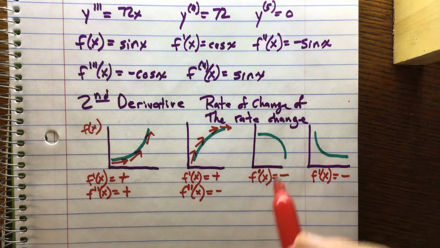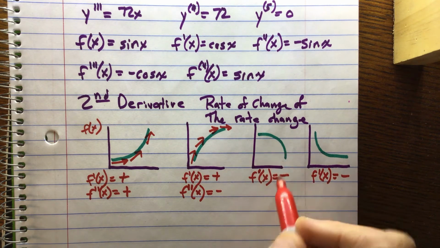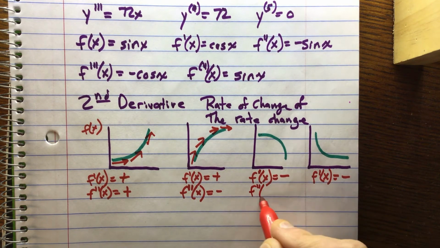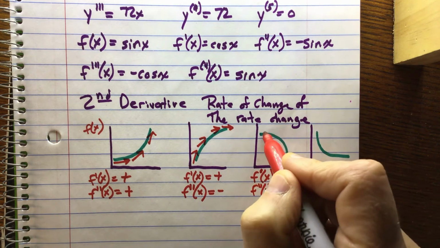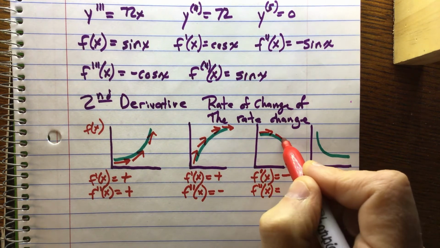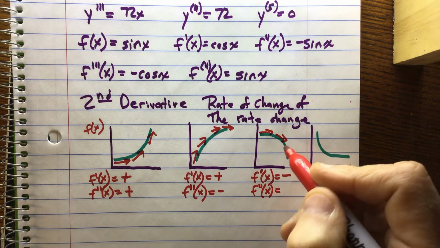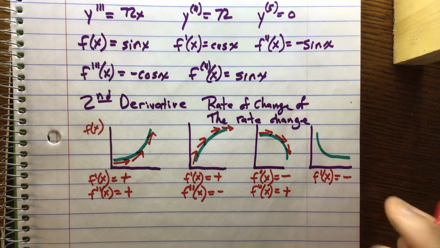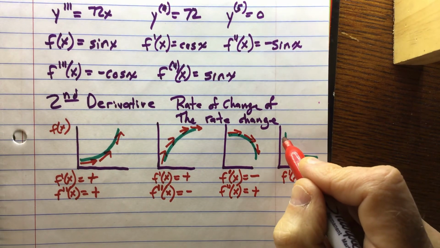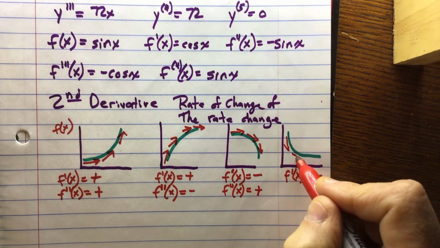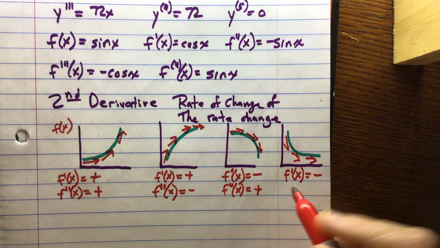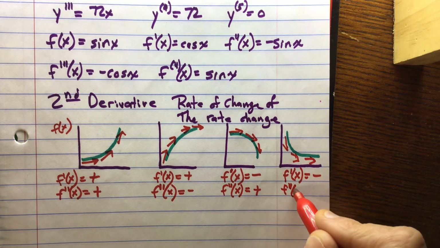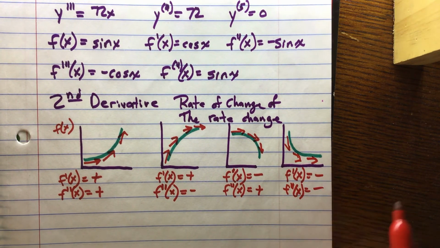Okay, same thing here. This is negative, but the second derivative shows us that we have a slope here, and then it's more negative and more negative, so it's increasing. And in this case, the slope is negative and it's decreasing. So the second derivative, f double prime, is negative.